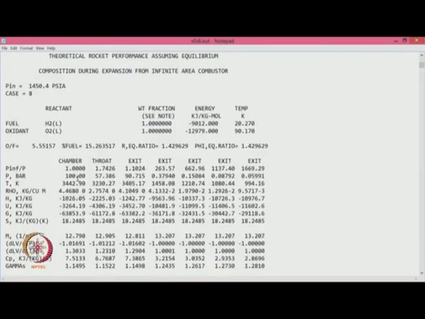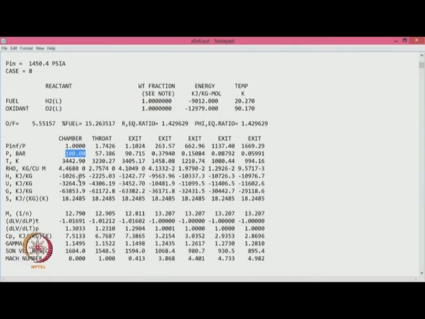Now, if you scroll down, this is the place where you will have the results. What you can see here is fuel and oxidizers are given, and the heats of formation are also given here. Now, we will take the case when O by F is 5.55 and the pressure is 100 bar. This is what we had given.